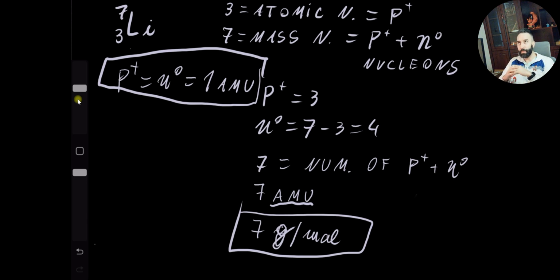A mole is a unit that means trillions and trillions of atoms, and it has a specific meaning in chemistry. For now, I just want you to know that if you sometimes see somebody expressing atomic mass or the mass number as 7 AMU or 7 grams per mole, you should know that this is what it means. Okay, let's see what to do next.